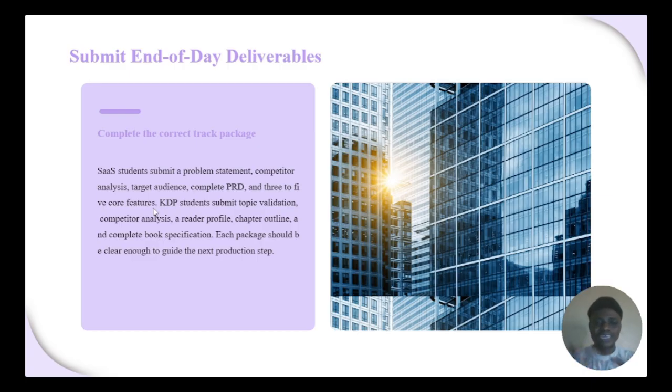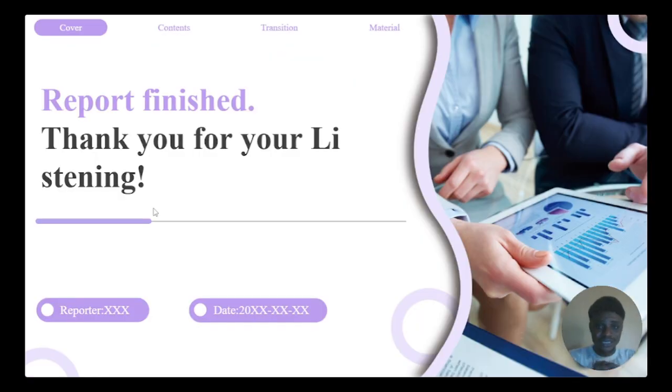Now, if you are going for KDP or digital products generally, you should conduct topic validation. Again, we are using Claude for all our market research, competitor analysis, a reader profile, chapter outline, and complete book specification. So that's it, guys, for today's summary.